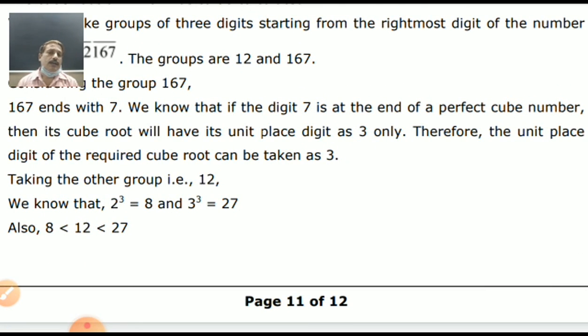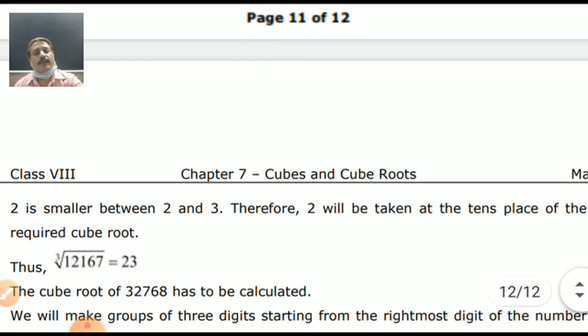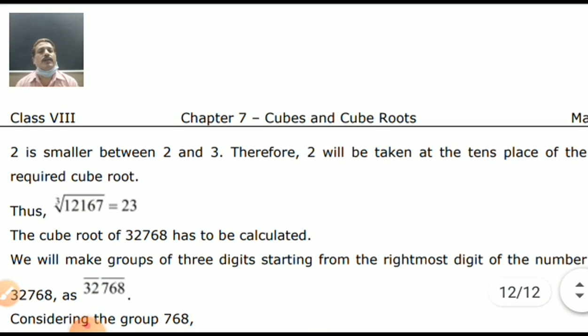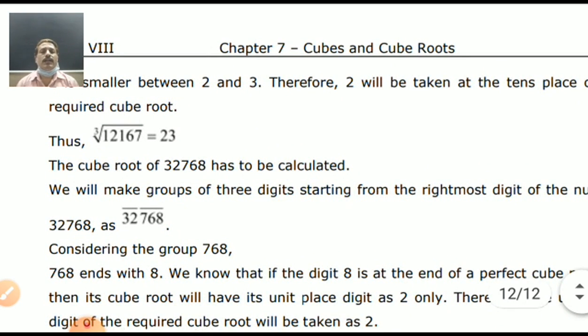So 12 is lying in the middle. So we take the smaller cube, of 2. So 2 and 3, the answer is 23. Because 7 is there, 3 is the unit digit, and 12 gives 2.